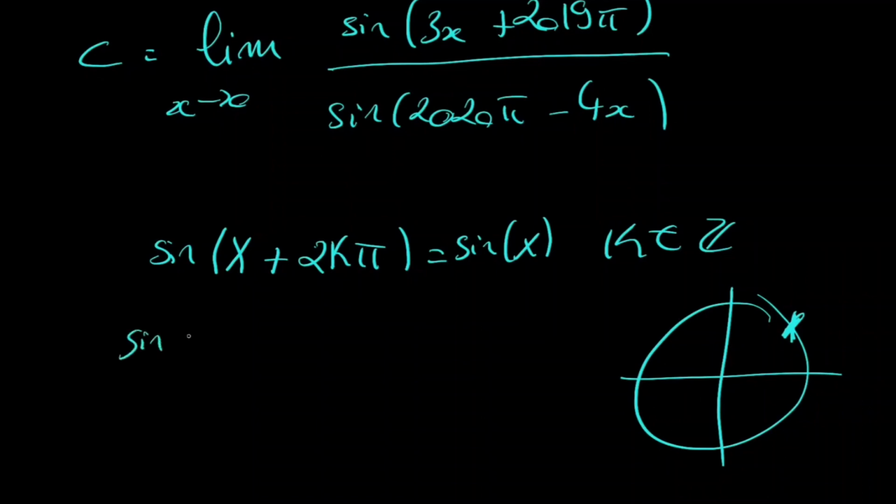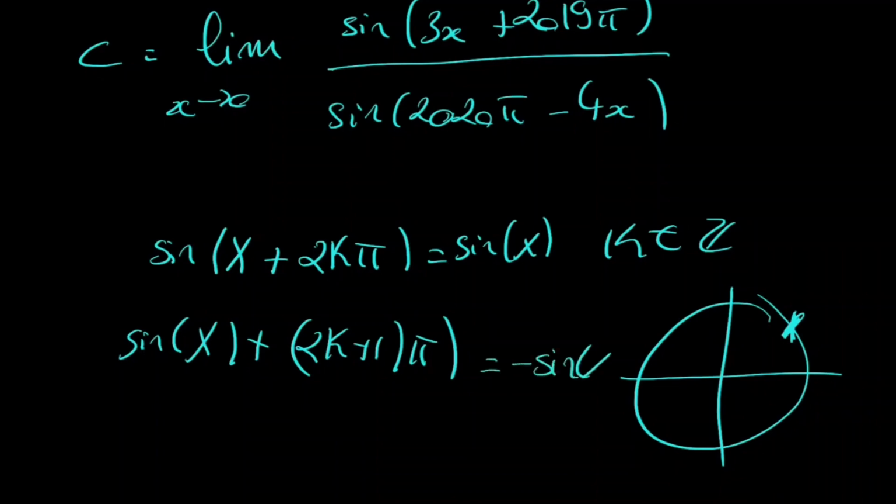But sinus of x plus (2k plus 1) pi will be equal to minus sinus of x, because we do 2k, we do k turns, so 1, 2, 3, 4, 5, 6, 7, 8, 9, 10 k turns, and then we add pi.